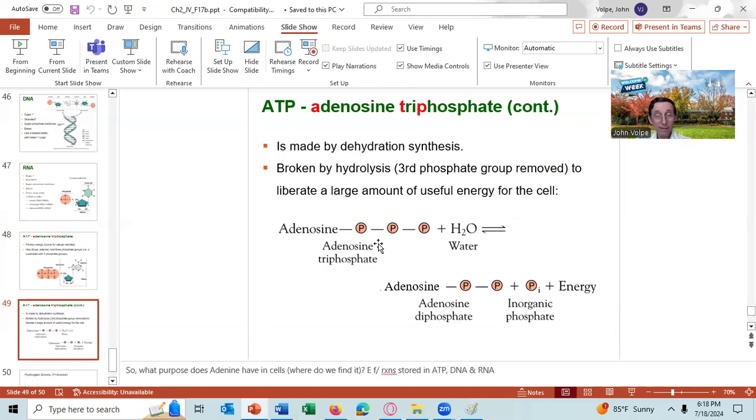And then when the cell needs energy, it'll add in water and go this way, breaking off the 3rd phosphate group, which will release a lot of energy, and the cell can use some of that energy for its energy needs. Of course, some of that energy will be lost as heat, and that's just the 2nd law of thermodynamics.